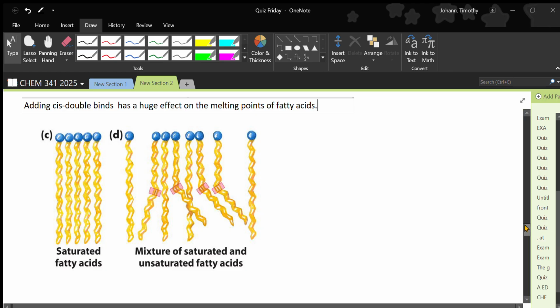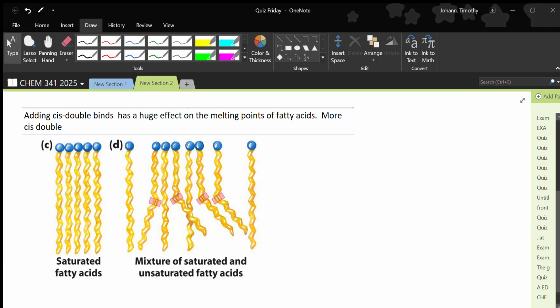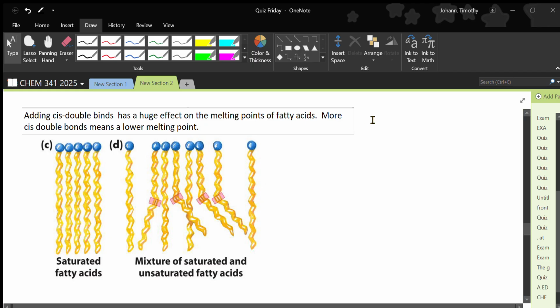Questions? So more cis double bonds means a lower melting point. And so these things would be a liquid at room temperature as opposed to a solid.